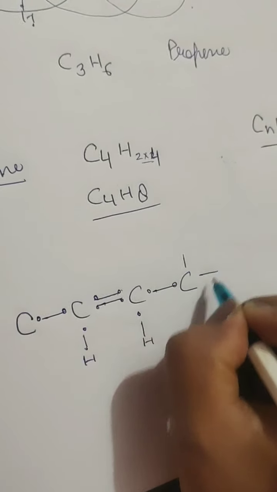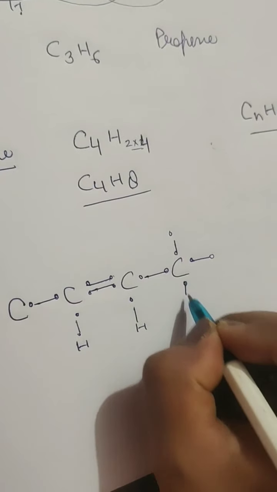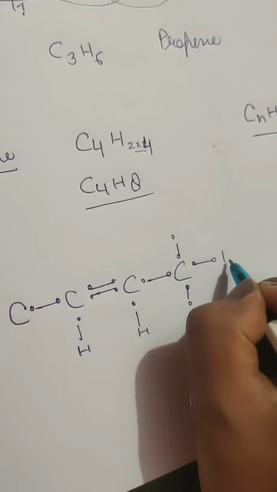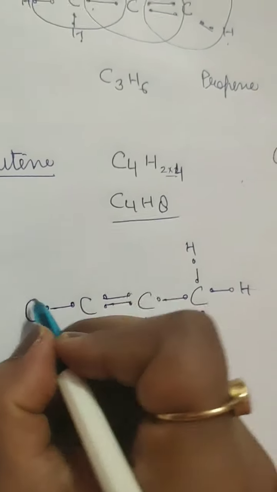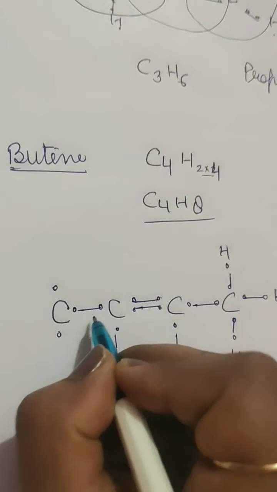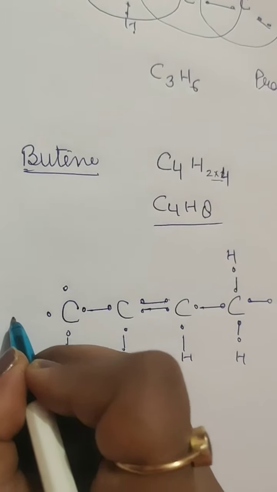This will be using 3 hydrogen atoms, because this is having only 1 electron used up with the other carbon atom. Okay, I hope you are getting this. And this carbon is also using only one electron here, so it will also have 3 electrons free, so it will be using the other hydrogen.